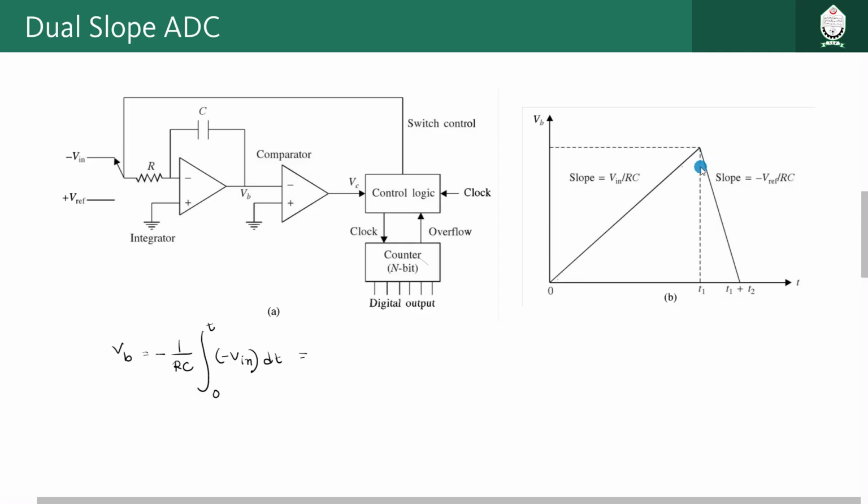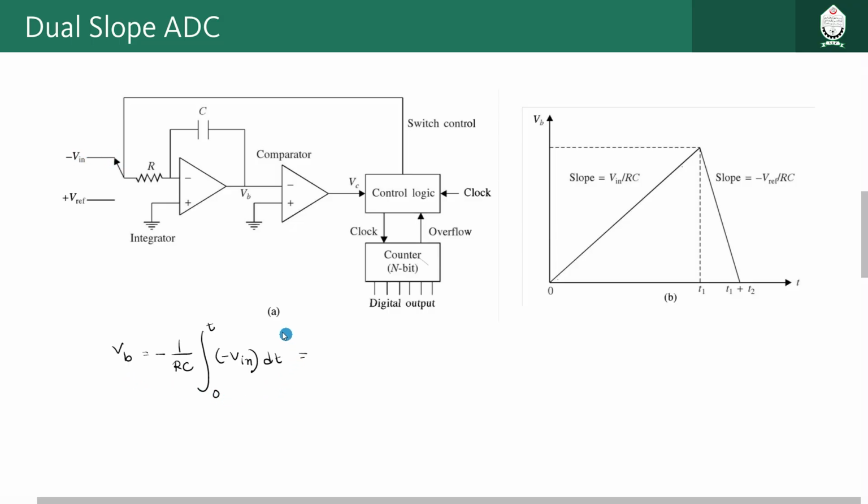Initially the voltage VB is 0 and the counter is reset, that means it is starting at 0000 condition, and at the initial condition the control logic will send a signal through this switch control such that the switch is connected with minus Vin, right?